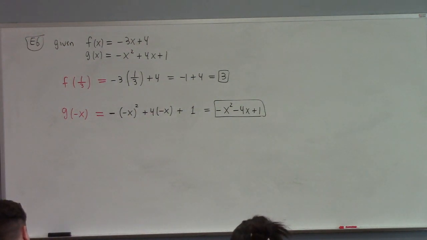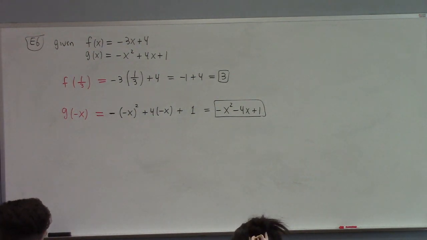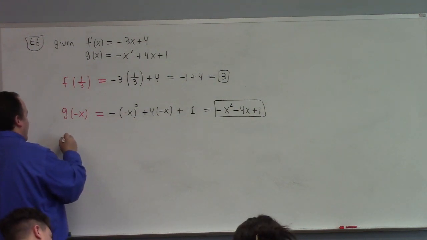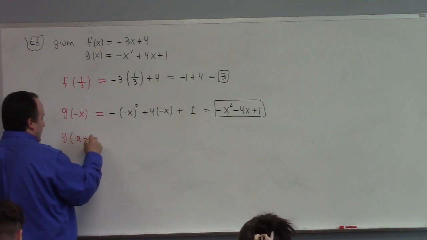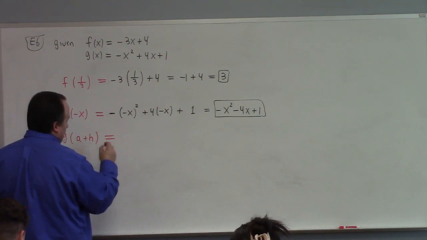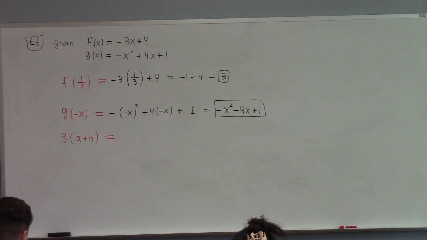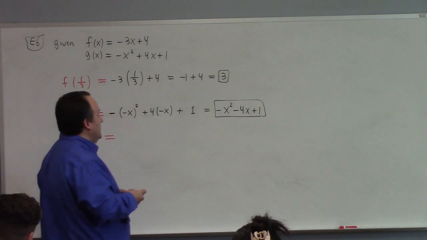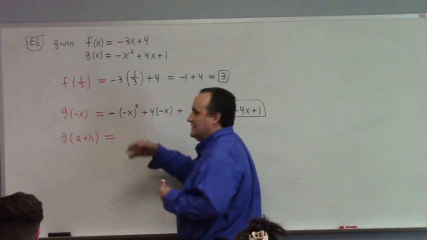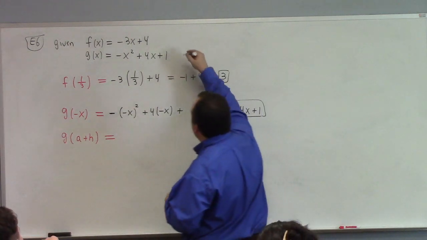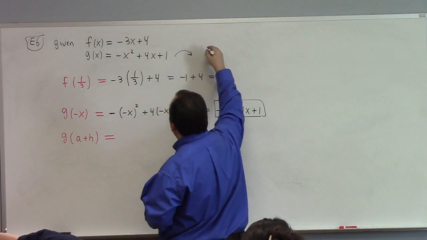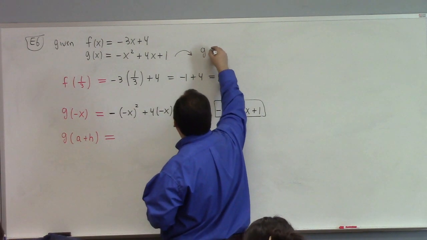Let me try something a little bit more symbolic, if you guys don't mind. What would we have if we did g of, let's say, a plus h? What would g of a plus h look like? Maybe this will help you if you didn't follow what I did in the last example. It's sometimes helpful to just take the formula that you have and replace the variable with a different one. So I'll use Pac-Man.